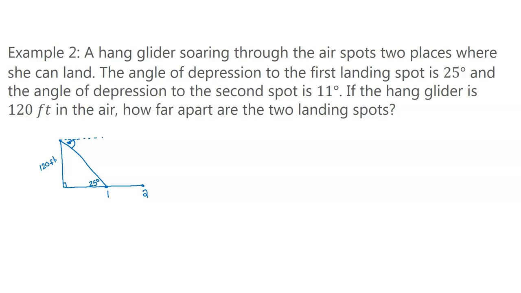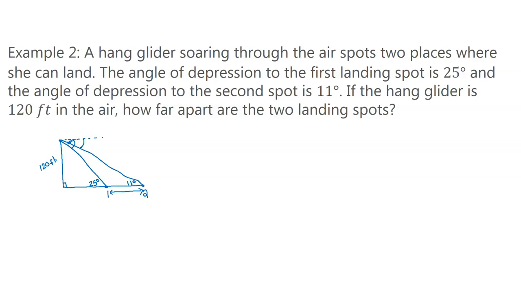Now the angle of depression to the second spot, this angle here is 11 degrees, but that's the same as this one here. So now I'm looking to see how far apart the two landing spots are. So distance between here and here. Now you can go ahead again and break this into two separate triangles if you like.